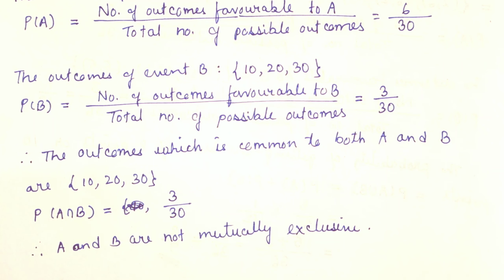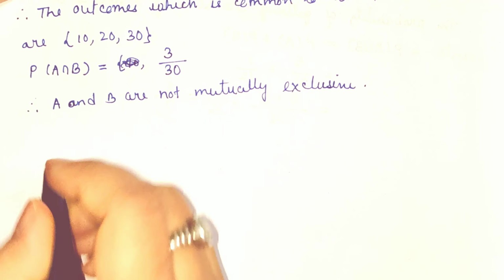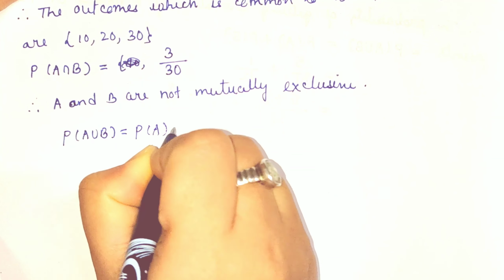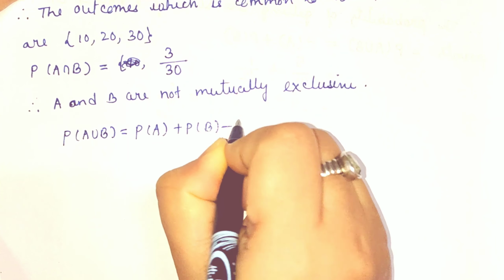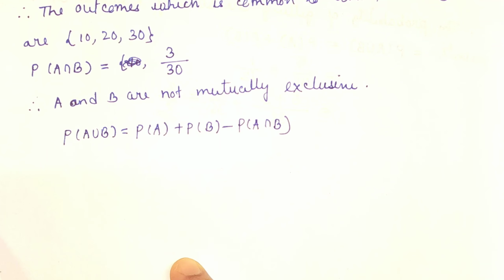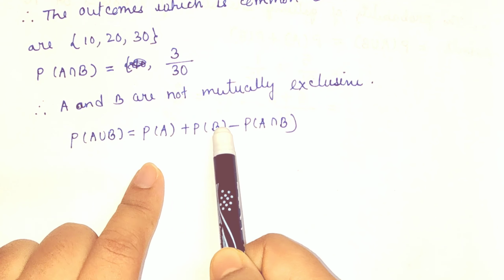When two events are not mutually exclusive, we use the addition law of probability, where the formula is P(A union B) equals P(A) plus P(B) minus P(A intersection B). In our previous question, there were no common values to both events, so the two events were mutually exclusive, and we could write only P(A) plus P(B).